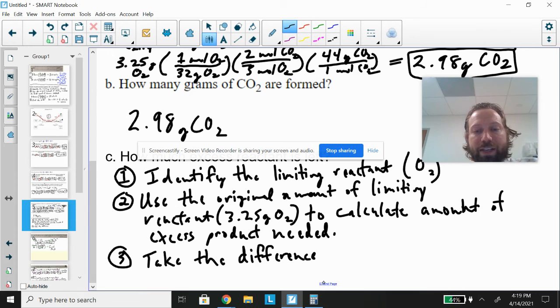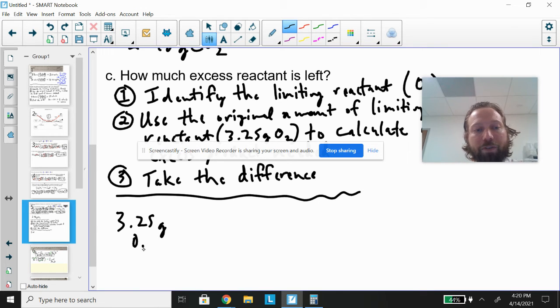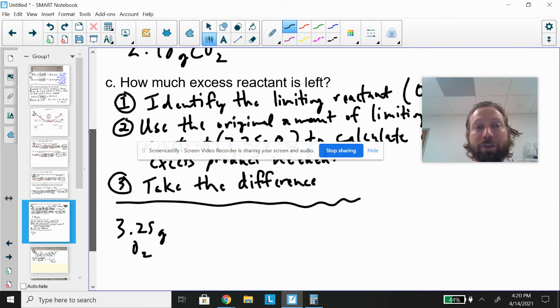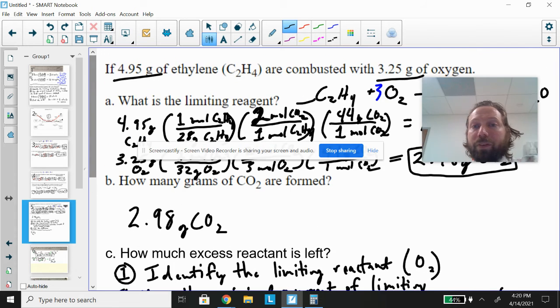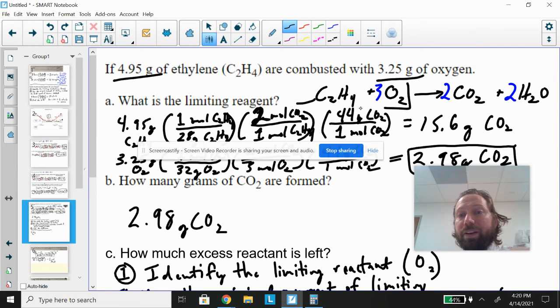So let's show you an example. How much is left? Well, first step, identify the limiting reactant. That's oxygen. So we're going to use that original amount, 3.25 grams of O2, and figure out the amount of C2H4. So we're really just living on this side of the reaction to figure out the excess.